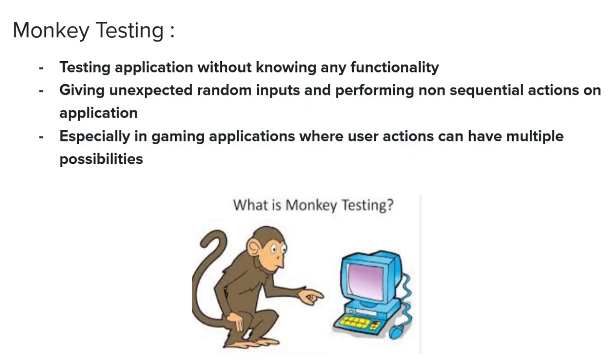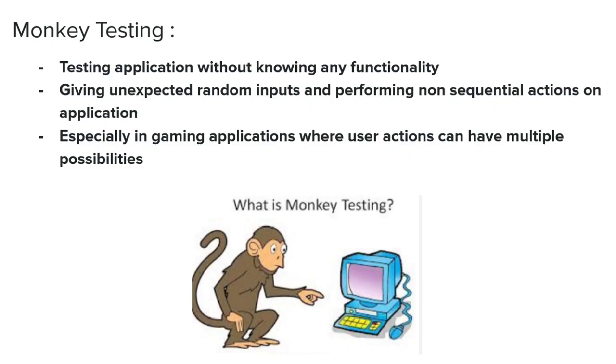The person who performs monkey testing will not have any knowledge of that specific application. He will just randomly perform some actions, which can be totally unpredictable. It means giving unexpected random inputs and performing non-sequential actions on the application to check whether such random actions can crash it or not.